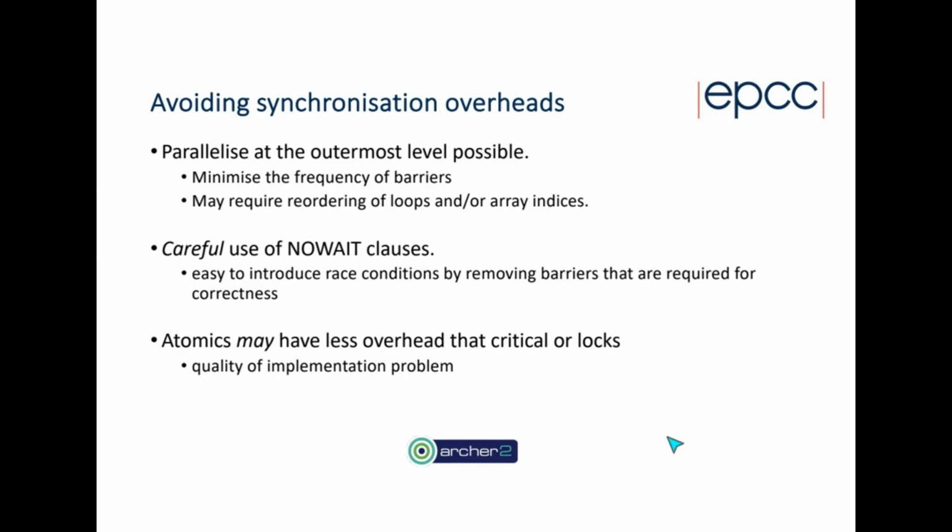That may not be easy. You might need to reorder loops and reorder array indices to make that happen. We've already looked at how it's possible to suppress barriers with nowait clauses, but you need to be really careful because there's always the possibility of introducing race conditions by removing barriers that are actually required for correctness.